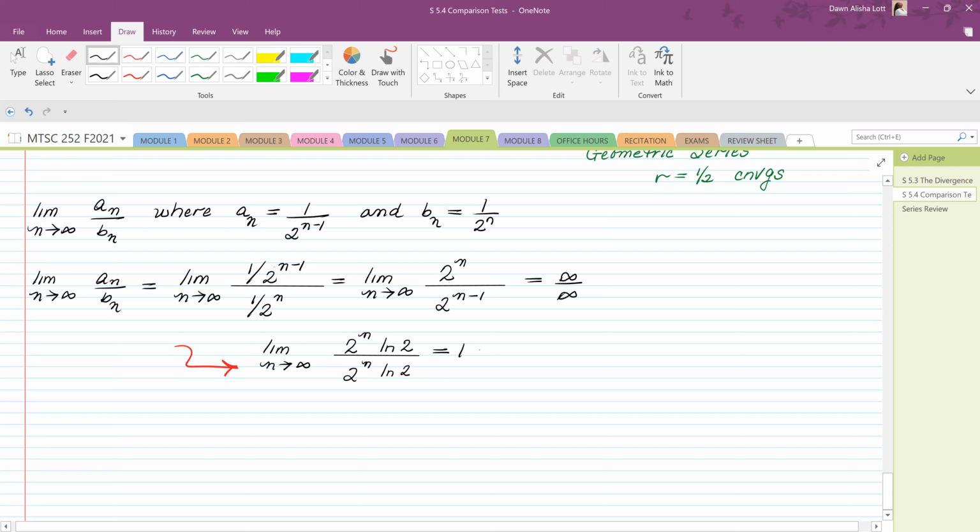And that's 1, which is less than infinity, it's finite. So since this one converges, we use the fact that they either both converge or they both diverge. So they both converge.